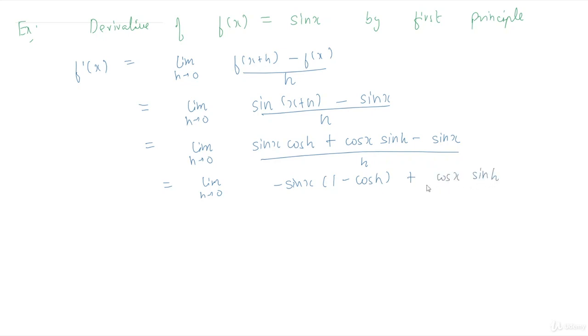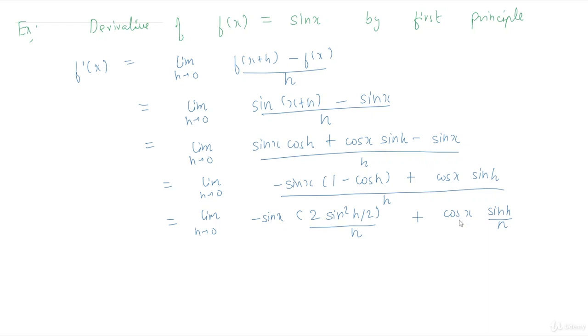And this all is over h, right? So now this 1 minus cos h can be written as 2 sine square h by 2 by the identity 1 minus cos 2x is equal to 2 sine square x. So we can easily substitute that here, right? So that will be 2 sine square h by 2 over h plus cos x into sin h by h.